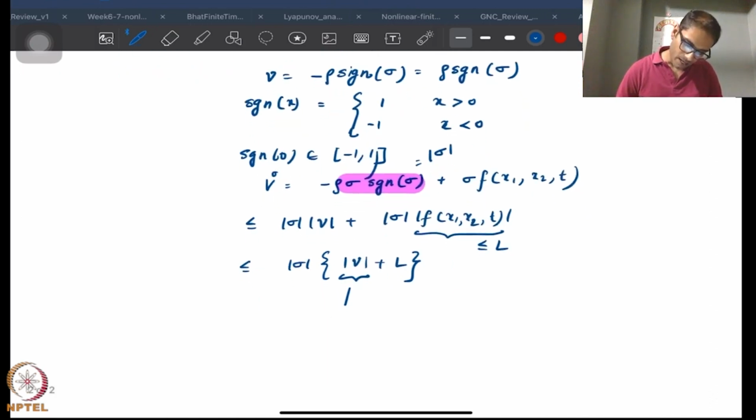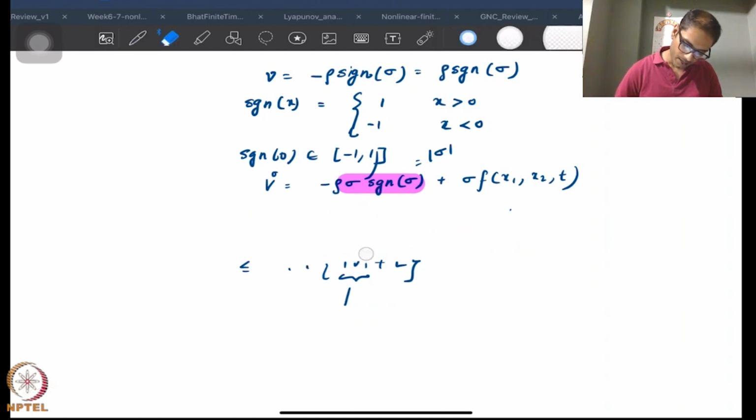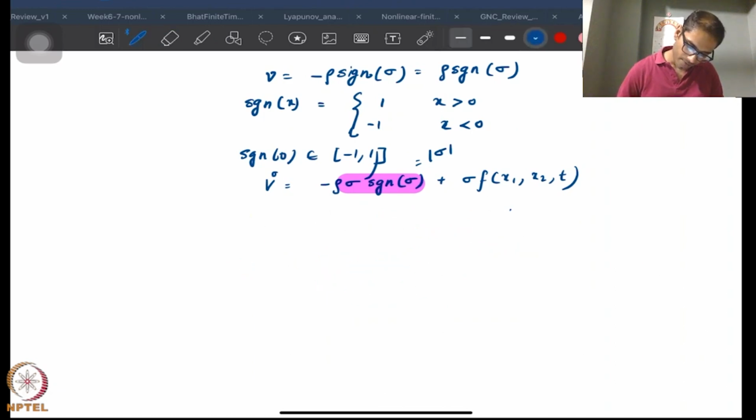So I think I can erase these safely and redo this again. So v dot is, now I do the bounding, the first term remains the same, minus rho absolute value of sigma, plus sigma times L. Why?